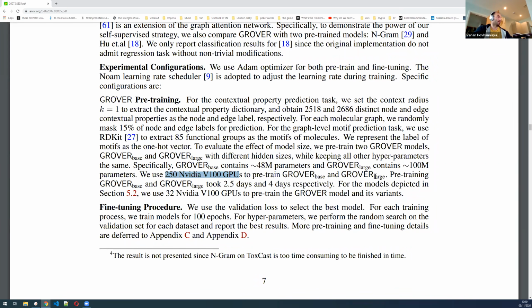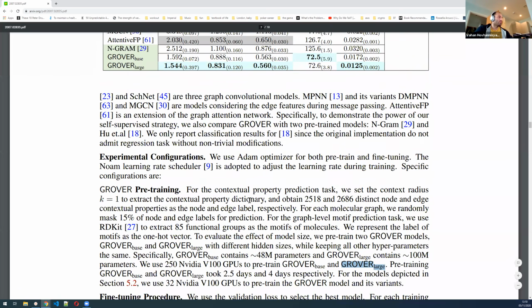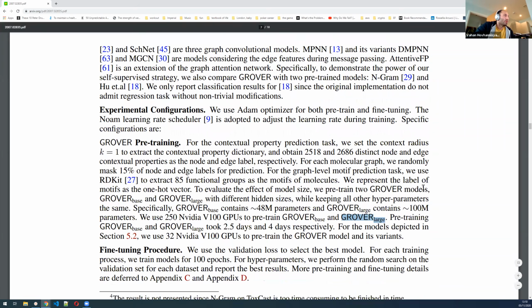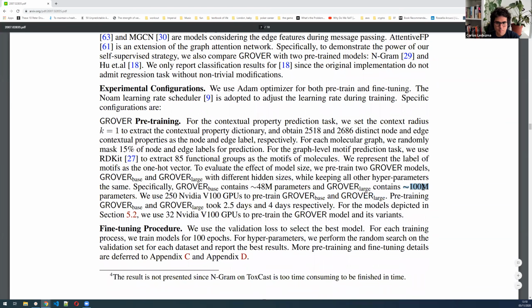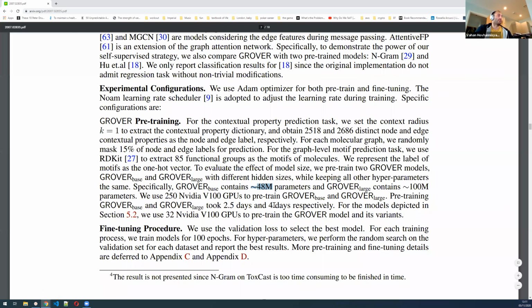They pre-trained 2 models, base and large. Well, large has more parameters. And let me find how many. Yeah, 100 million for large, 48 million for base. Okay, so those are pretty big models. It took them several days to pre-train, 4 days for the large one.